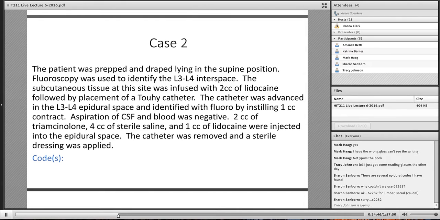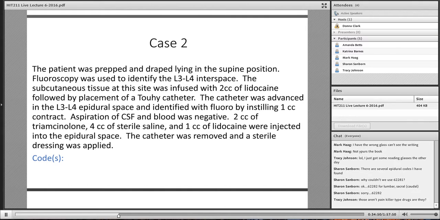Hold on, 622. All right, so that is injection infusion. Example, alcohol, phenol. That's of neurolytic substance. So we're not using a neurolytic substance.